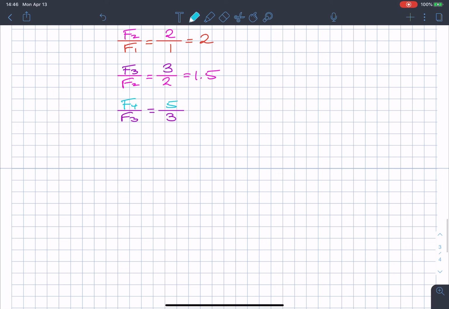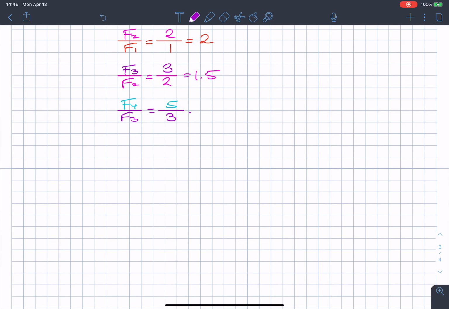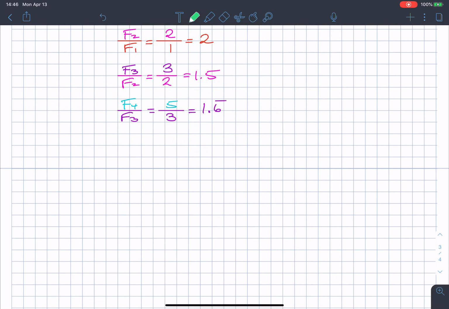So 3 goes into 5 once, with 2 out of 3 left over. Okay, so 2/3 is 0.6 bar. That's 1.6 bar. You can use your calculator, of course. Now let's do f sub 5 divided by f sub 4. Counting, not my strong suit.